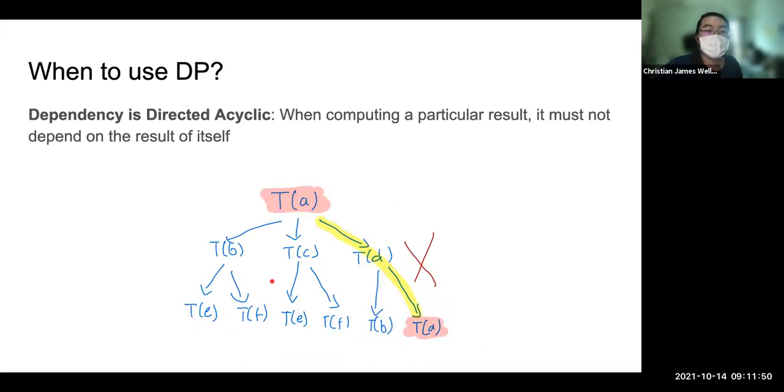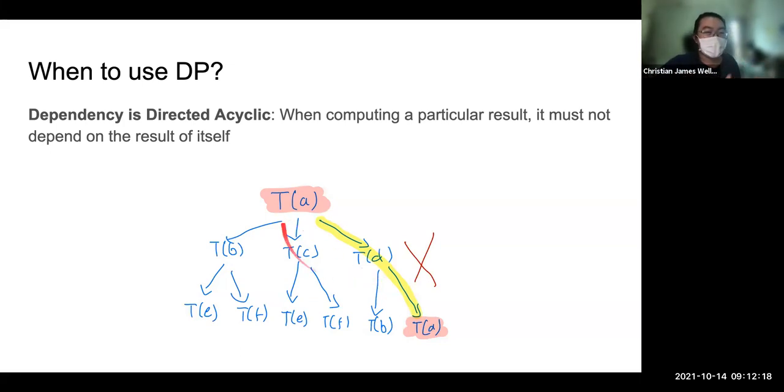Okay, then one important thing is that the dependency between the subproblems is acyclic, meaning if you solve this subproblem TA, for example, it depends on maybe TD. But this TD shouldn't depend on TA, because TA is what we are trying to compute. How can it compute itself if it needs to know the answer to itself?